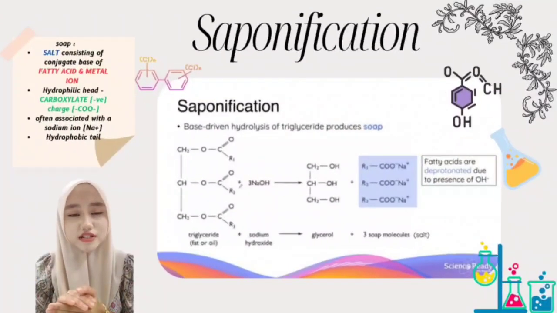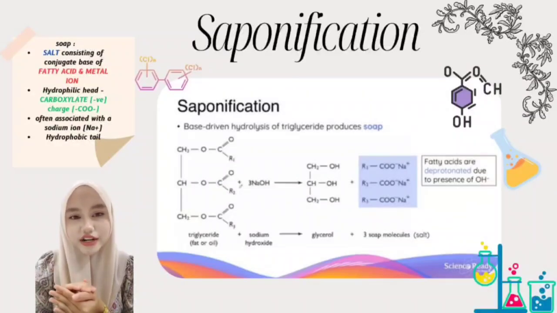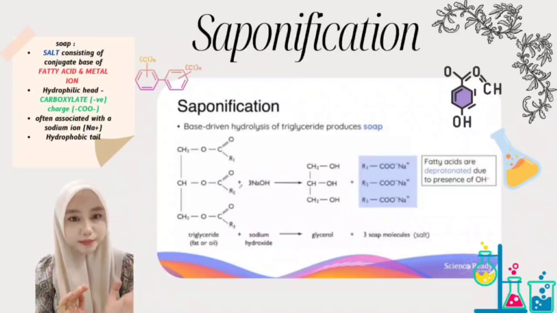This shows the process of saponification, which is the base-driven hydrolysis of triglyceride, fats, or oils to produce soap and glycerol. Triglycerides are composed of three fatty acid chains, R1, R2, and R3, esterified to a glycerol backbone.